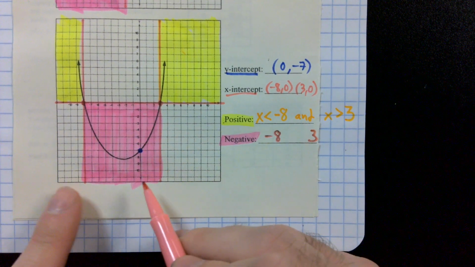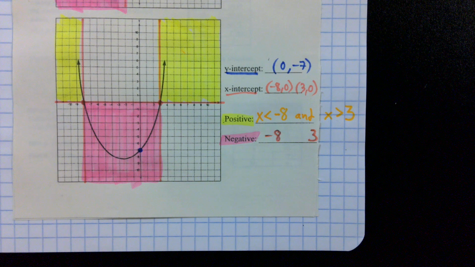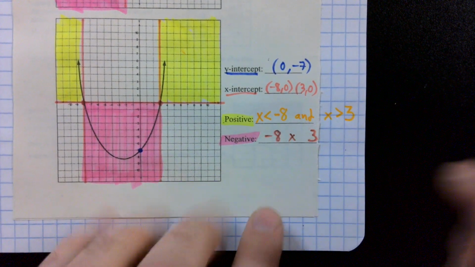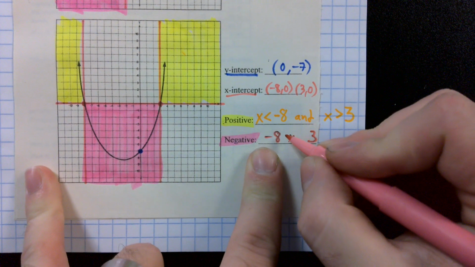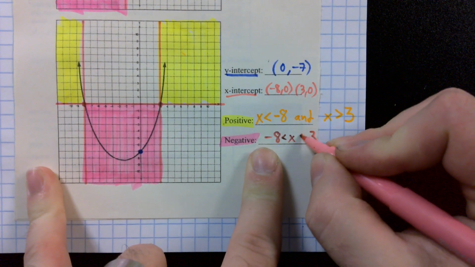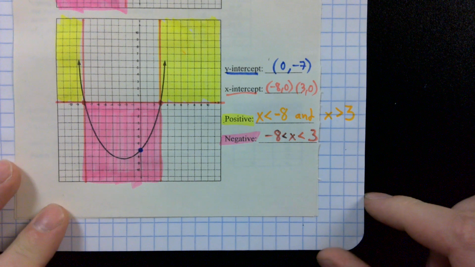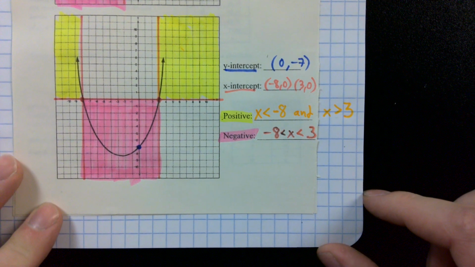So my negative interval is any x coordinate between -8 and 3. So it's got to be greater than -8, but less than 3.